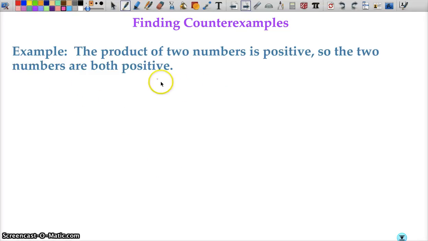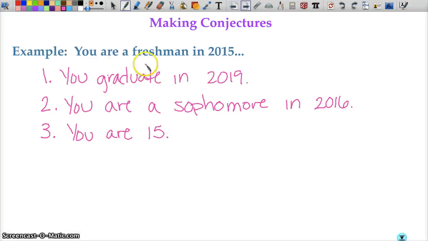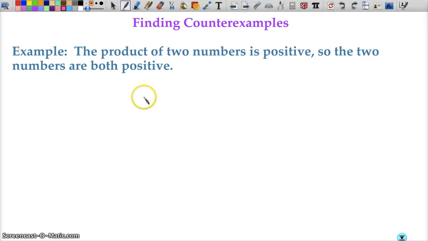And so for this example, the product of two numbers is positive, so the two numbers are both positive. So with this, we have more of a statement. You'll notice in this last example, we didn't have a full statement. It was kind of left open-ended, kind of finish it on your own, fill in the blank. But here we have the full statement, the full argument. Well, a counterexample would be something like -2 times -2 equals +4.